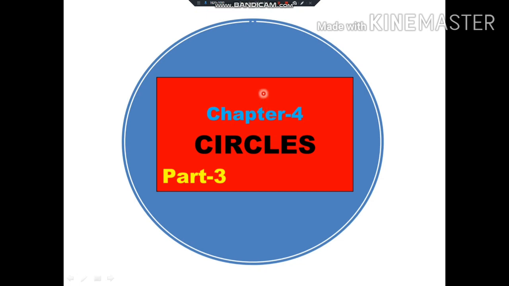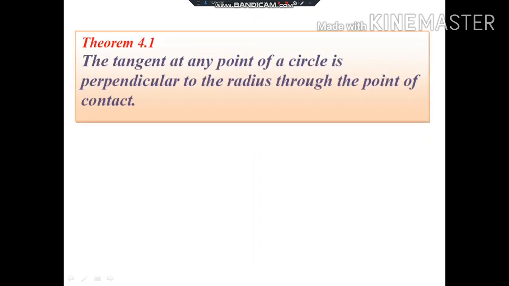In our previous classes, we have learned two theorems. Let us recall the theorems. Theorem 4.1. The tangent at any point of a circle is perpendicular to the radius to the point of contact.